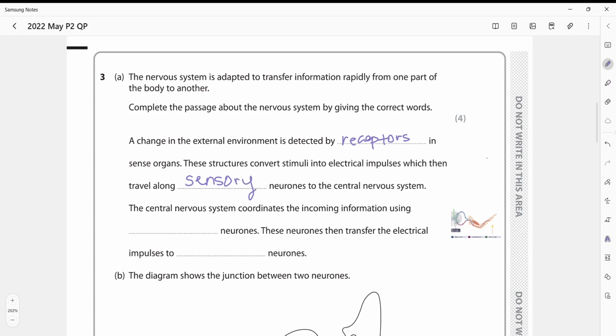The sensory neuron goes first to the central nervous system, so your central nervous system would be your brain and your spinal cord. The central nervous system coordinates the incoming information using relay neurons. These relay neurons then transfer the electrical impulses to the motor neuron. And then that would cause the muscle or the gland to activate.